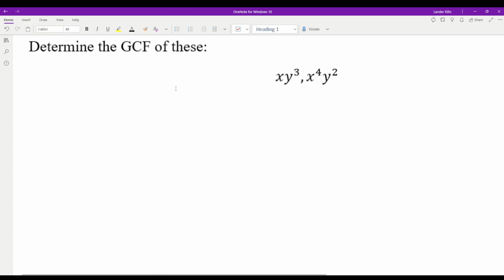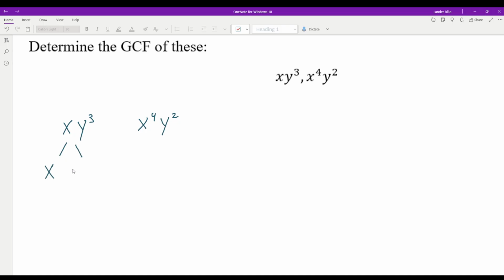Let's go look at the more complicated example of variables. So now there's two variables, x and y. So again, I would just rewrite it. Common habit to rewrite it. And we look at what's common between them.